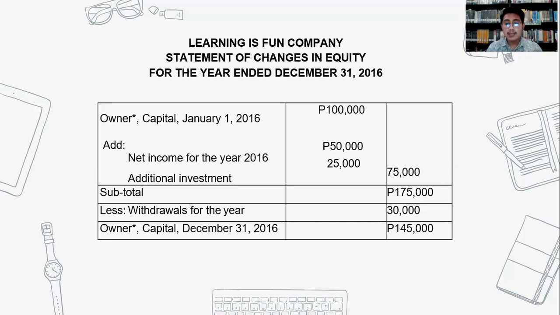For example, is 30,000. Ang mangyayari, you need to less the withdrawals to the subtotal of capital. So we will receive 145,000 pesos. So yan po yung magiging owner's capital December 31, 2016. So yan po yung ending owner's equity ng Learning is Fun Company.